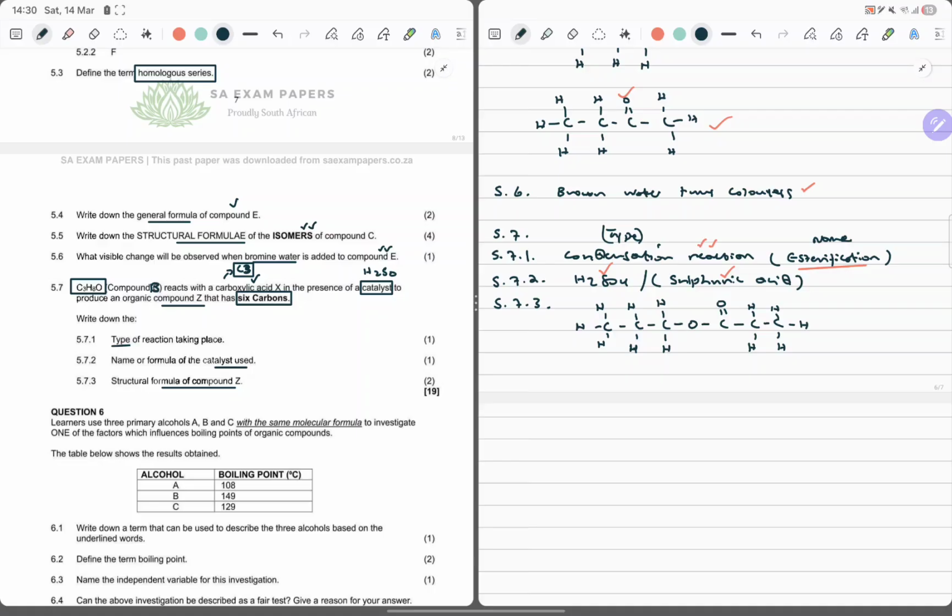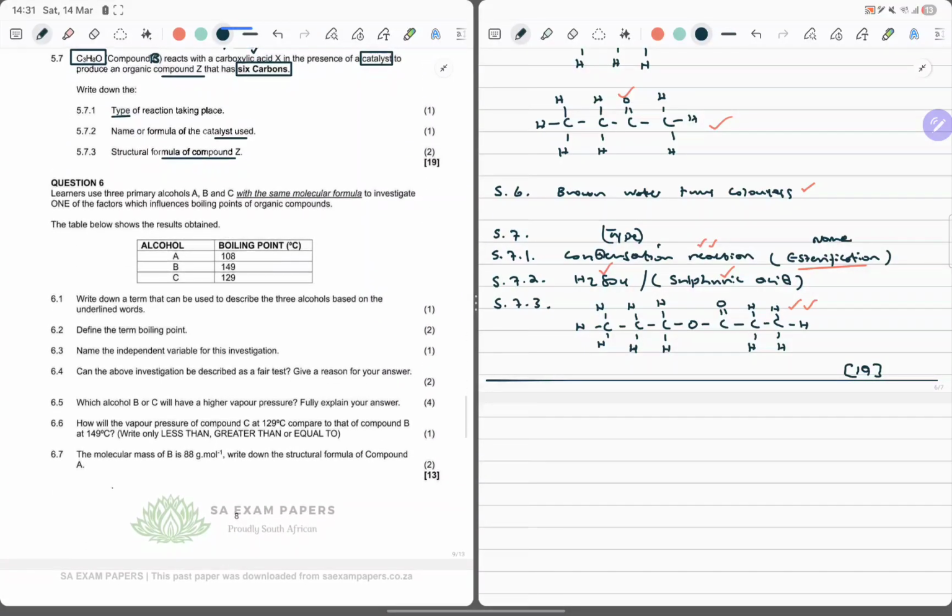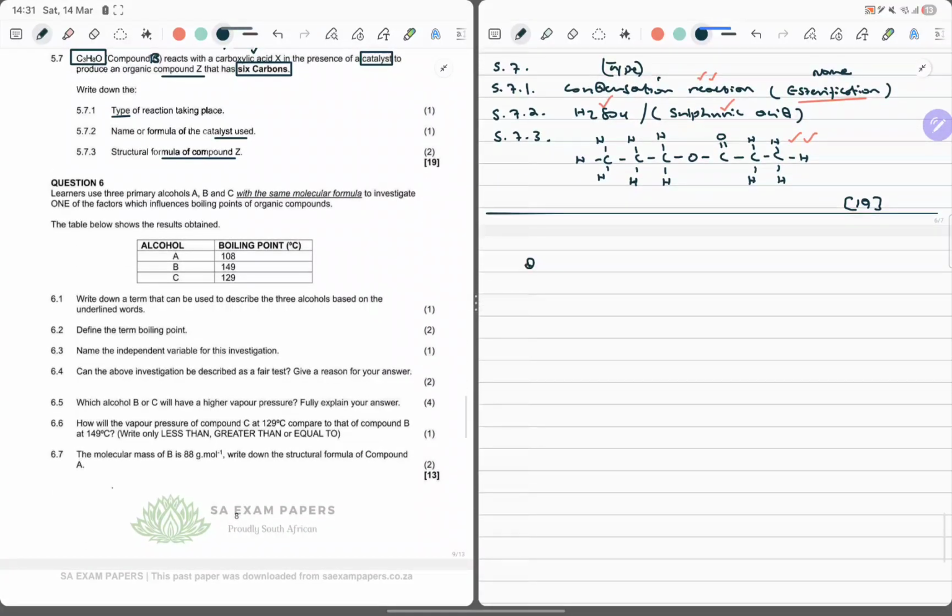Okay guys, this is not a big deal. You could have started with this end and ended with that. Not a big deal at all. So you get 2 marks for this thing. Can you see guys, 19 marks in here for nothing. Absolute zilch. Okay, let's move on to question 6.